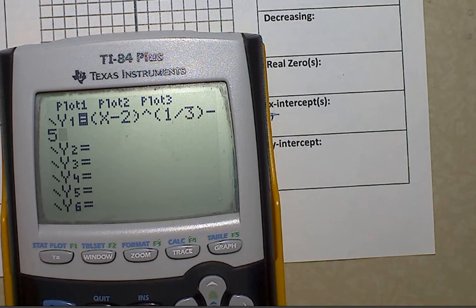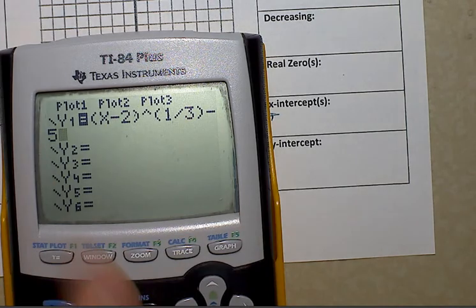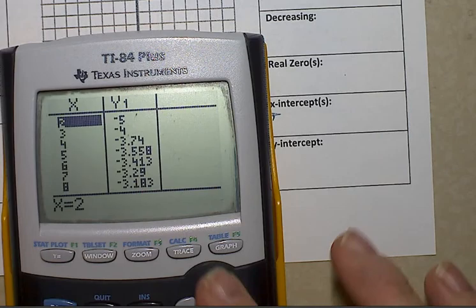If you're confused with how I came up with the points, remember your option is, after you plug this in, to do second graph and look at the table of values.